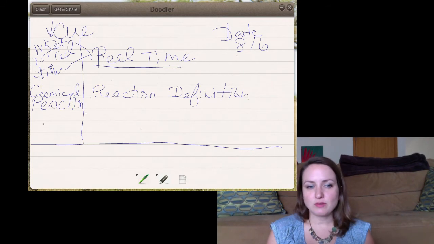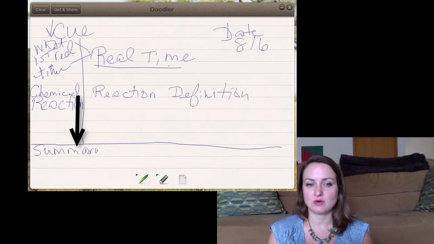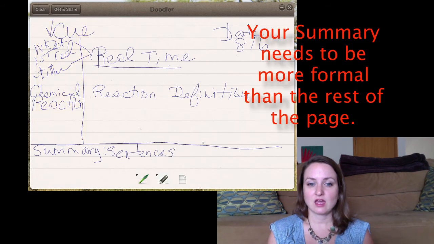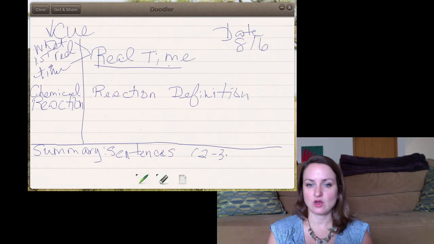The last part of your page down here is your summary box. Okay, your summary box is really important, because that is going to tell you what you got out of the video. Okay, this is restating in actually written sentences. Okay, that means capital letters, periods, things like that. I would say 2 to 3 sentences.